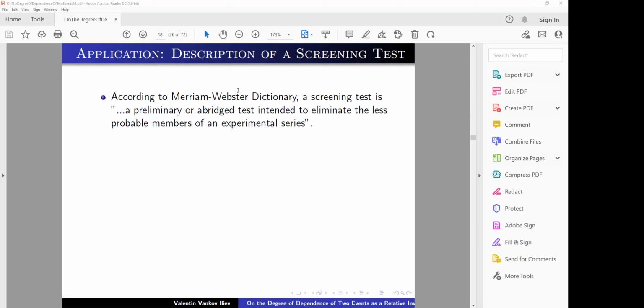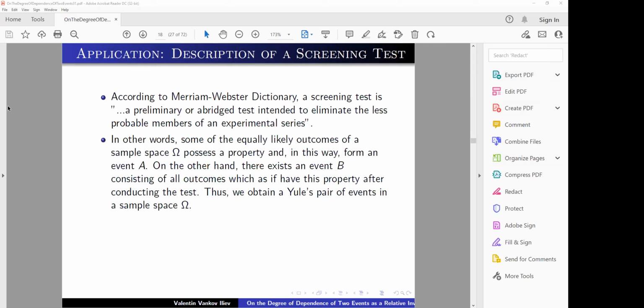This was a problem discussing screening tests. That's why I would like to remind you of this notion. According to the Merriam-Webster dictionary, a screening test is a preliminary or a bridge test intended to eliminate the less probable members of an experimental series.